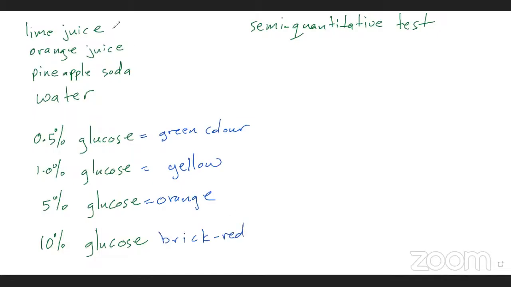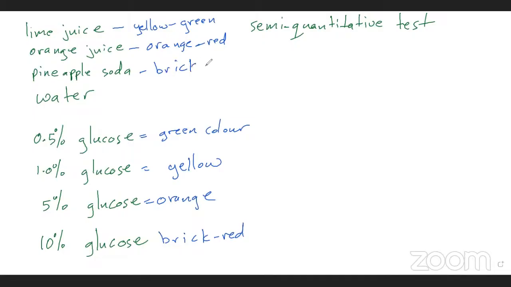And for the samples now, let's say the lime juice has a yellow-green color. The orange juice, something close to orange red.